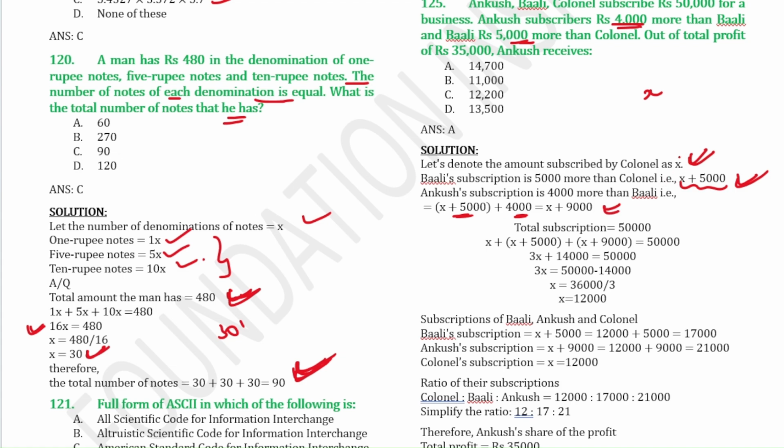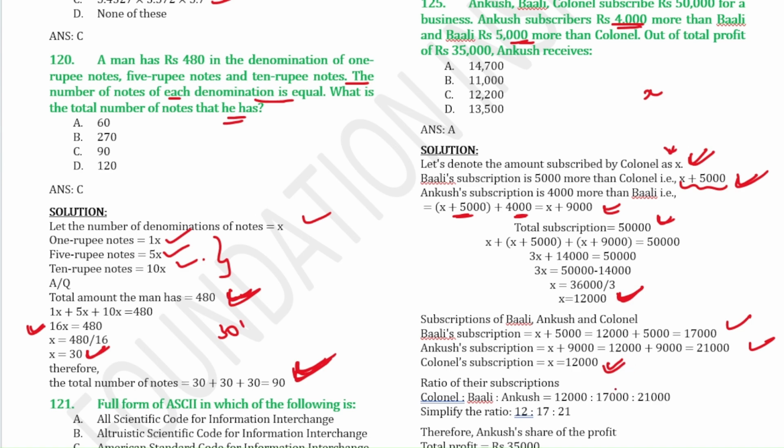Now we have to find the value of X. The total subscription is 50,000, right? So Ankush plus Bali plus Colonel, you just put the values and then you get the value of X. After finding X, we will know how much each subscribed, so just put the value of X to get the subscriptions of Ankush, Bali, and Colonel.